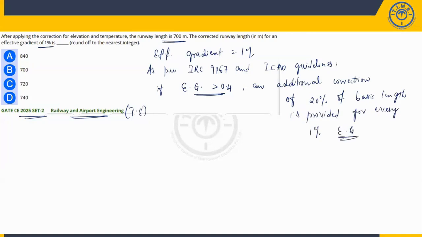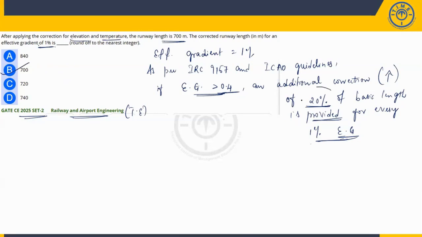If the effective gradient is greater than 0.4, for every 1% effective gradient, an additional correction, that is an increase of the basic length, is provided. After applying correction for elevation and temperature, you have a runway length of 700 meters and an effective gradient of 1%.